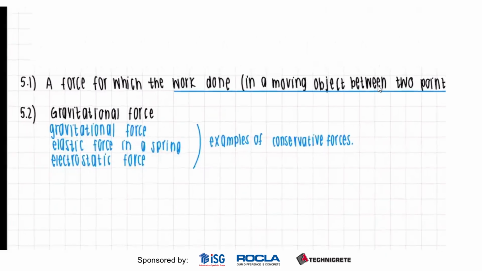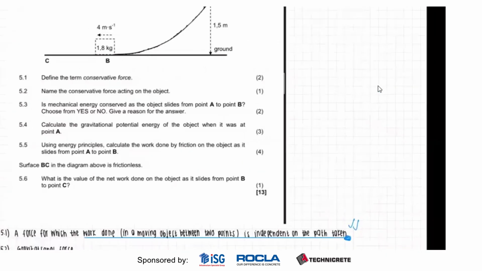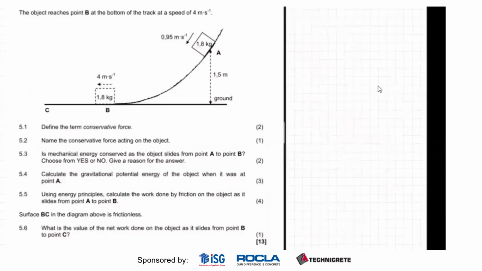Our next question asks us, is mechanical energy conserved as the object slides from point A to point B? Choose from yes or no and give a reason for your answer.